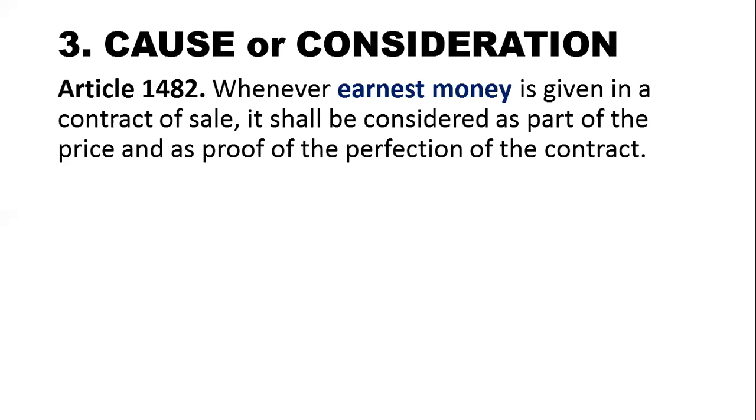Article 1482 provides that whenever earnest money is given in a contract of sale, it shall be considered as part of the price and proof of perfection of the contract. So that would be all for the discussion on cause or consideration.